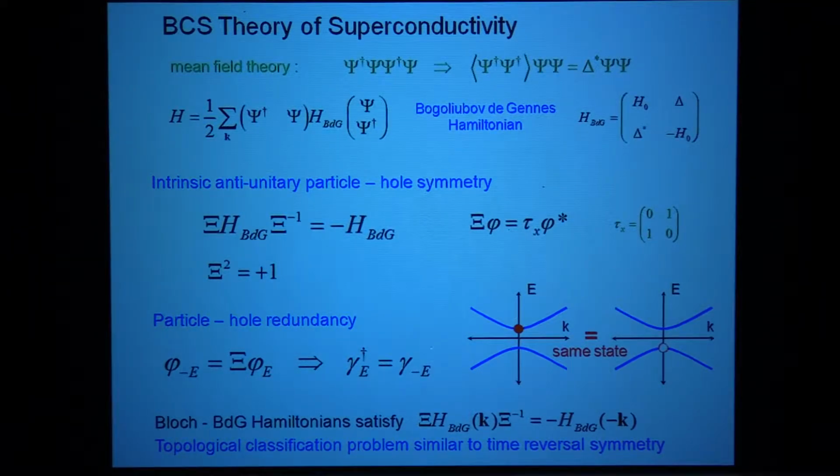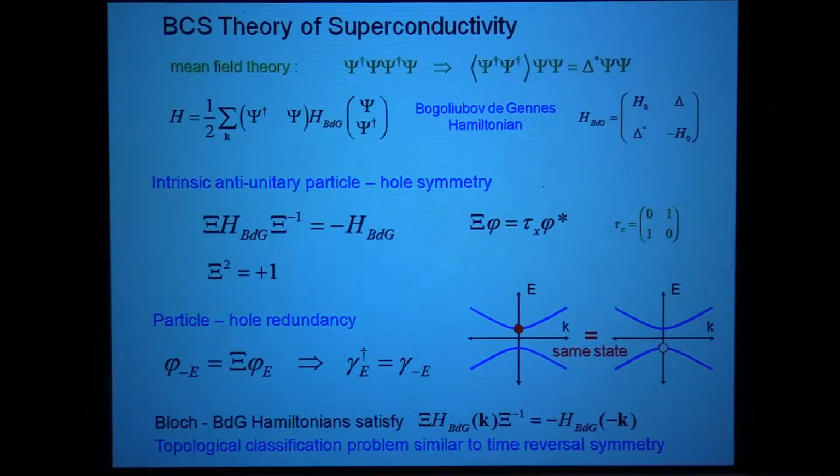So we have to keep this redundancy in mind: adding a particle into the conduction band is the same thing as removing a particle from the valence band. Now that we've turned this problem of superconductivity into a problem that looks like an insulator, that poses the natural question: could there be topological classes of superconductors?